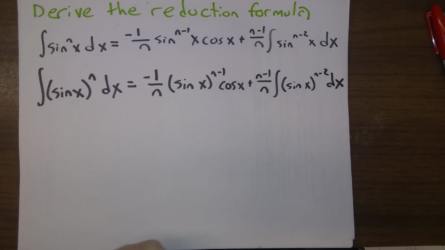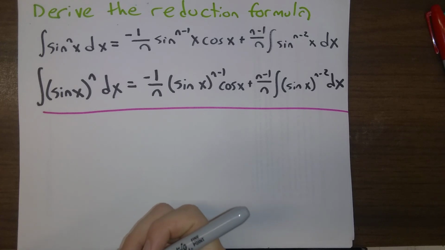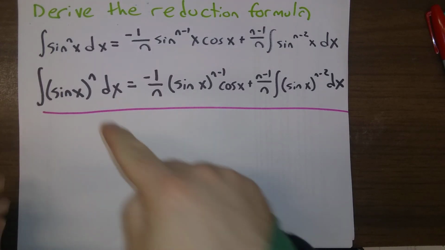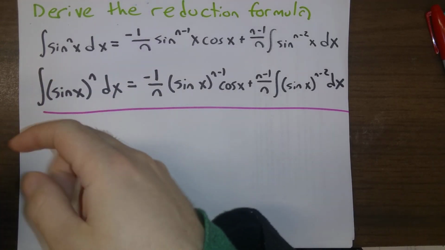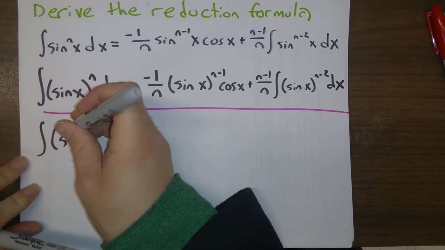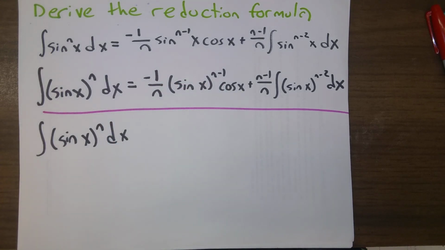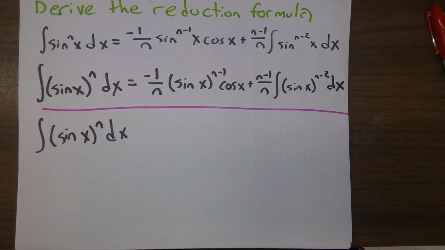Okay, so let's get into this. We're in the integration by parts section, so we want to apply integration by parts to the integral of sine of x raised to the nth power. Now, this looks weird.